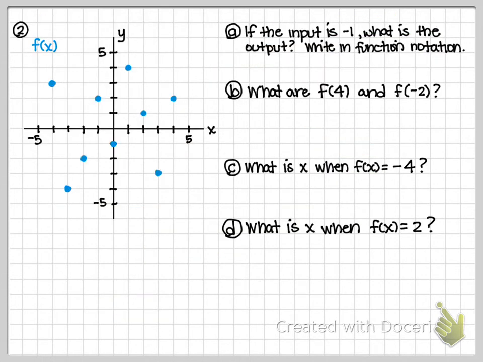Okay, so if you take a look at this slide, you want to make sure that you copy down the graph. So copy down the graph, and it's just dots this time. That's it, and that's okay. It's still going to be a function, and I named it f, so I just picked a name for it. So copy down the graph.